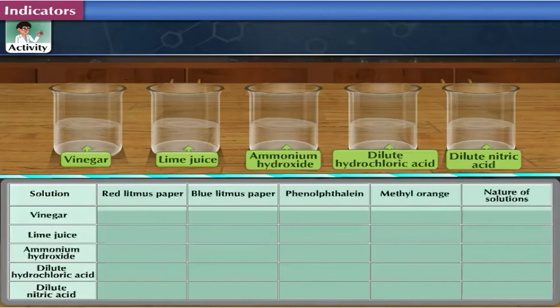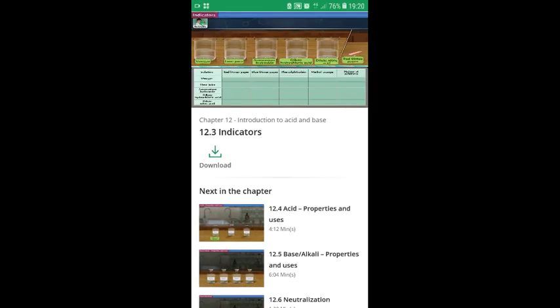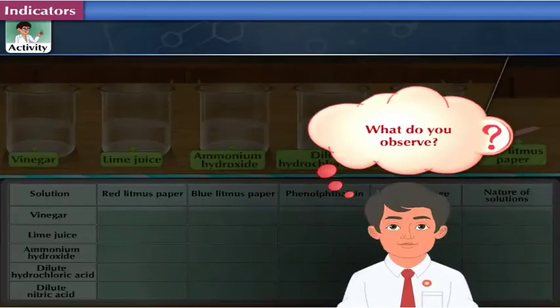Observe the color change and note the observations in the observation table. Let us first test each of these solutions with red litmus paper. What do you observe?